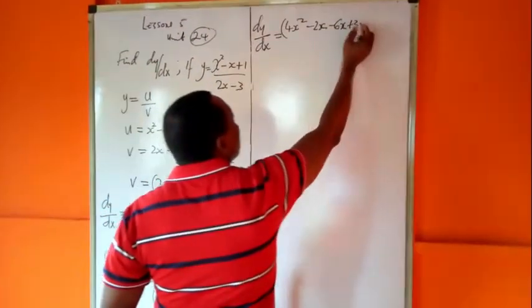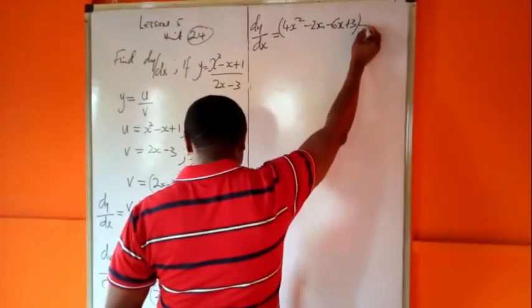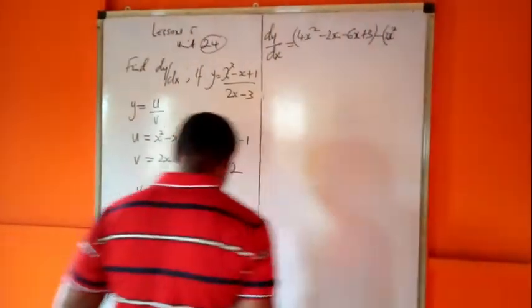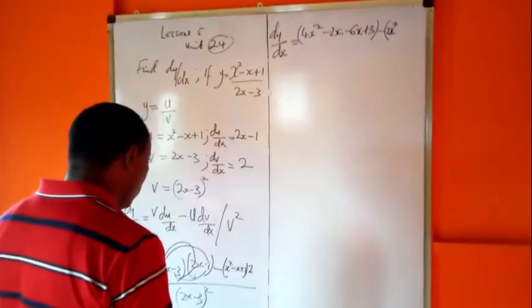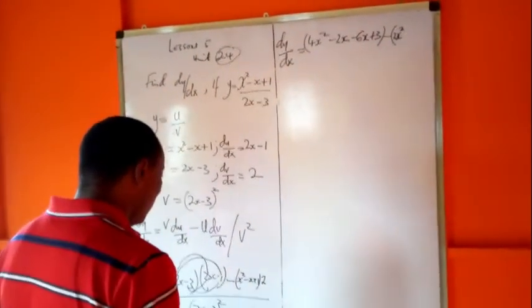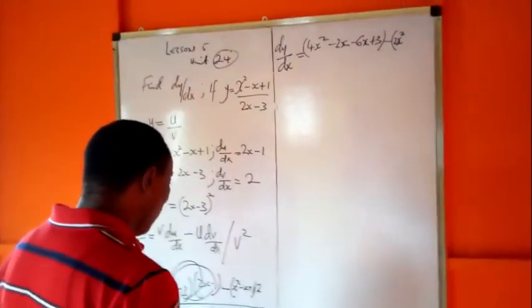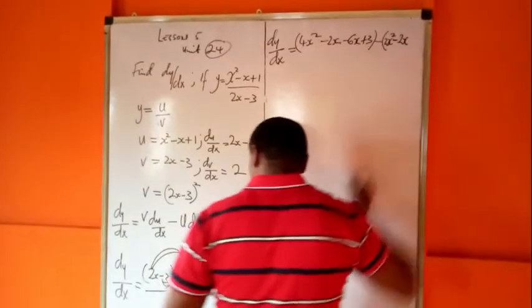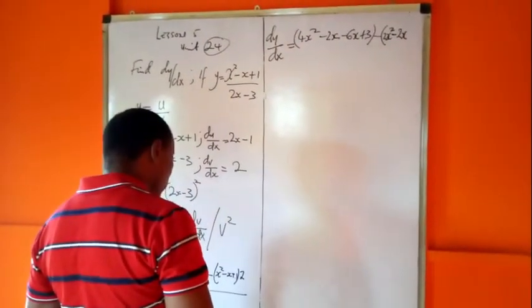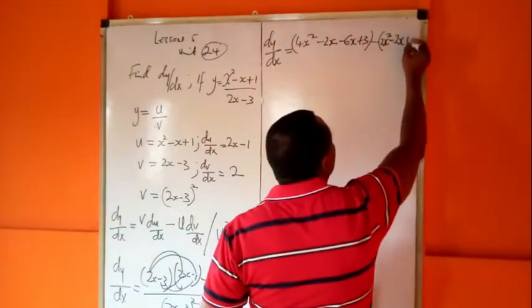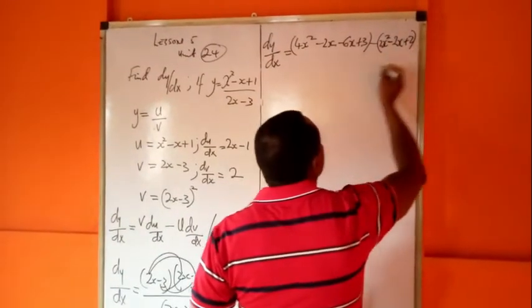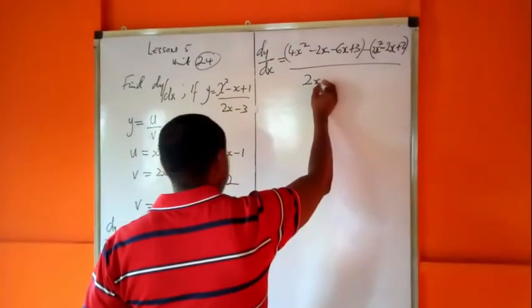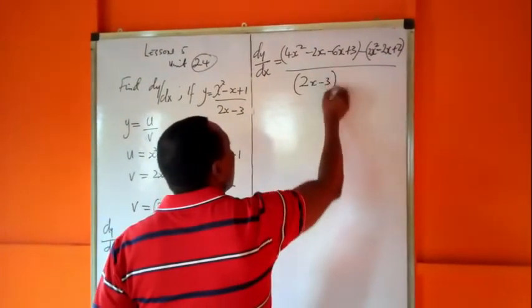So we have a minus there, plus 2x squared. 2 times minus x will give you minus 2x. Then 2 times 1 will give you plus 2. Close the brackets. All over 2x minus 3 all squared.